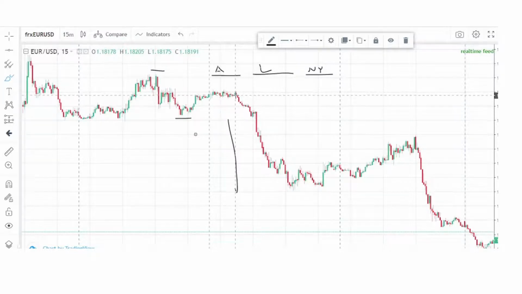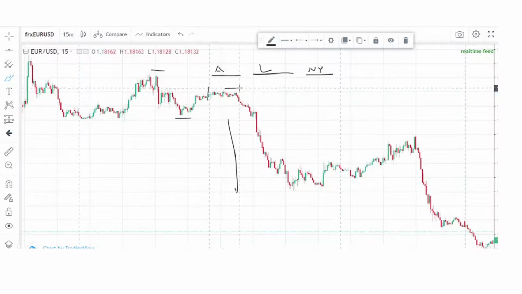So the market opened here, Asia opened here, after New York closed at this blue line here. So when Asia opened, we want to see the high of Asia.